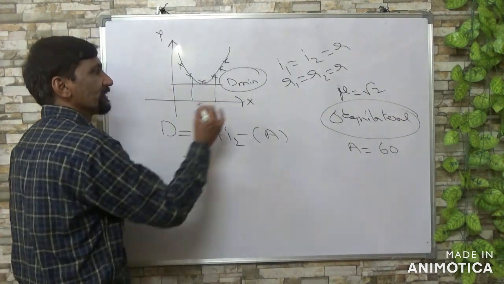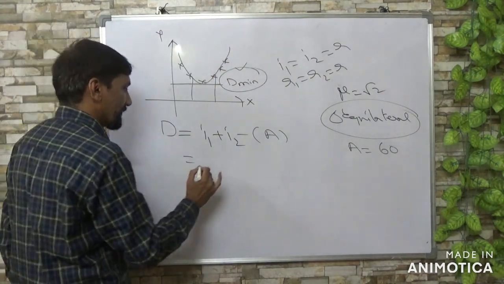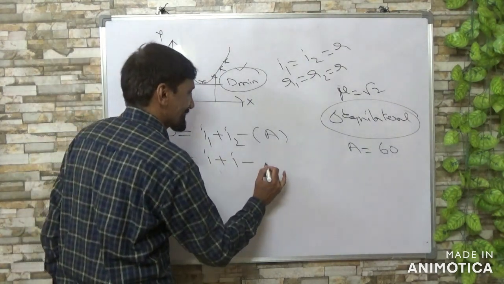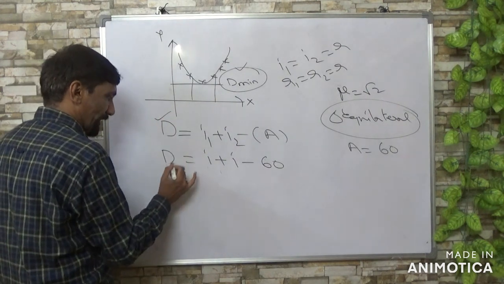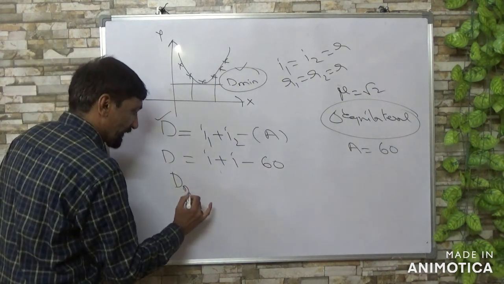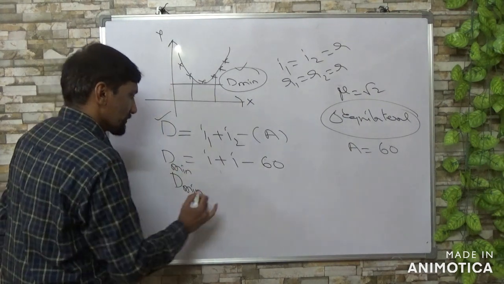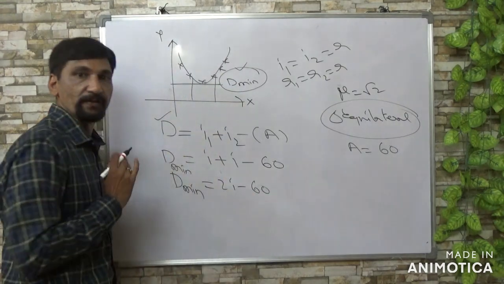And we are saying that it is in minimum deviated position. So that is why I plus I minus 60 equal to deviation. No, that is minimum deviation. Okay, so 2I minus 60.